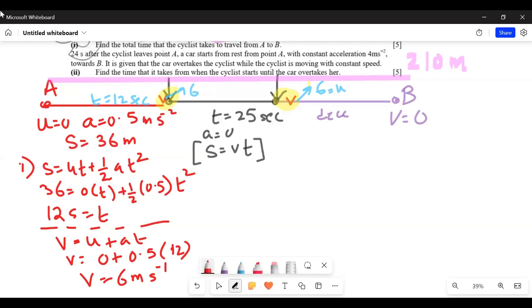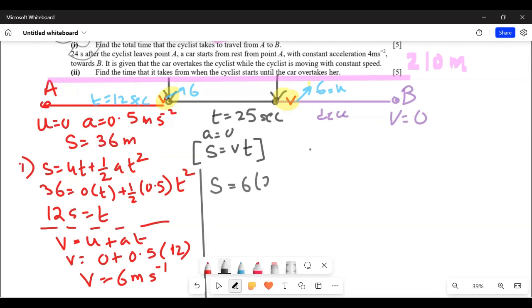Okay, so the distance of the second part of the journey is S equals V aa gaya 6, T aa gaya 25. So this becomes 6 into 25 is 150. 150 meters.